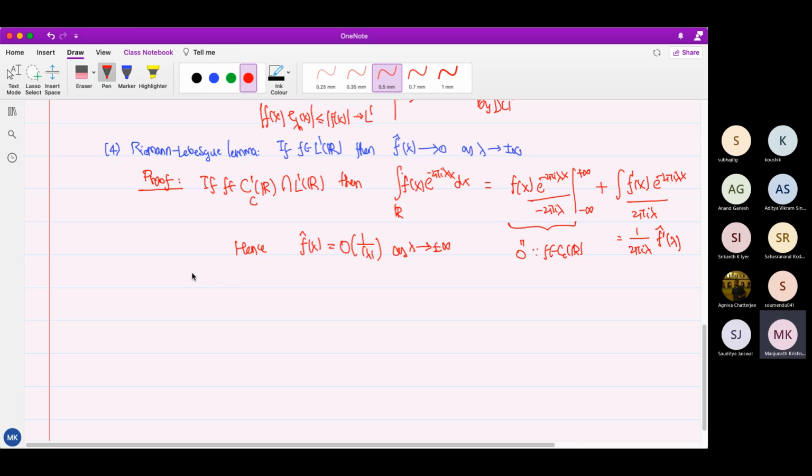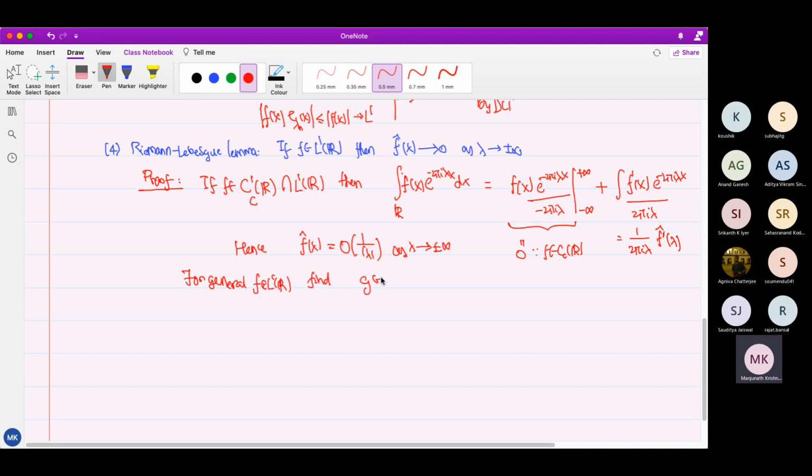And now for general f in L1 of R, find g in Cc of R such that it approximates f in L1.